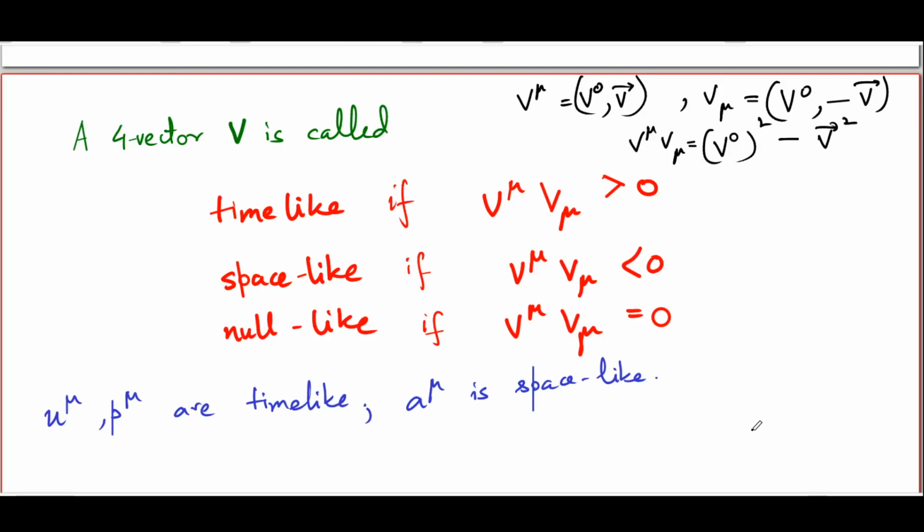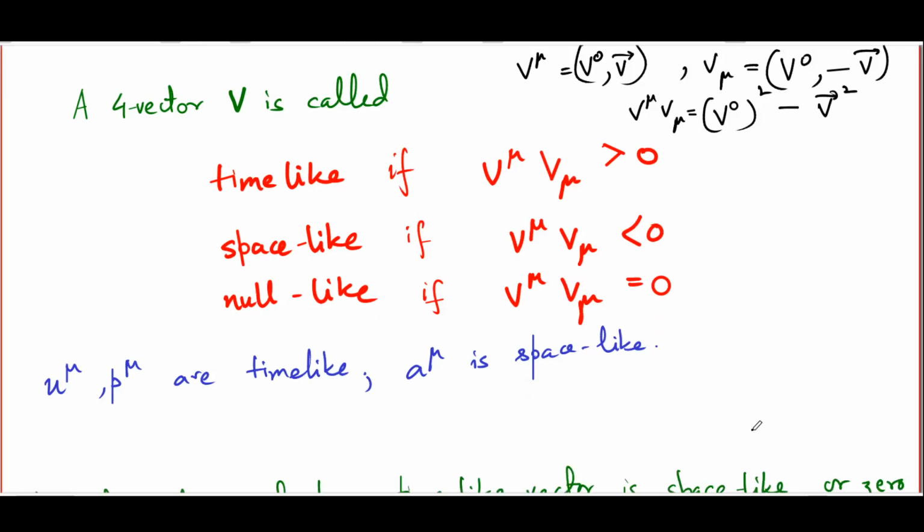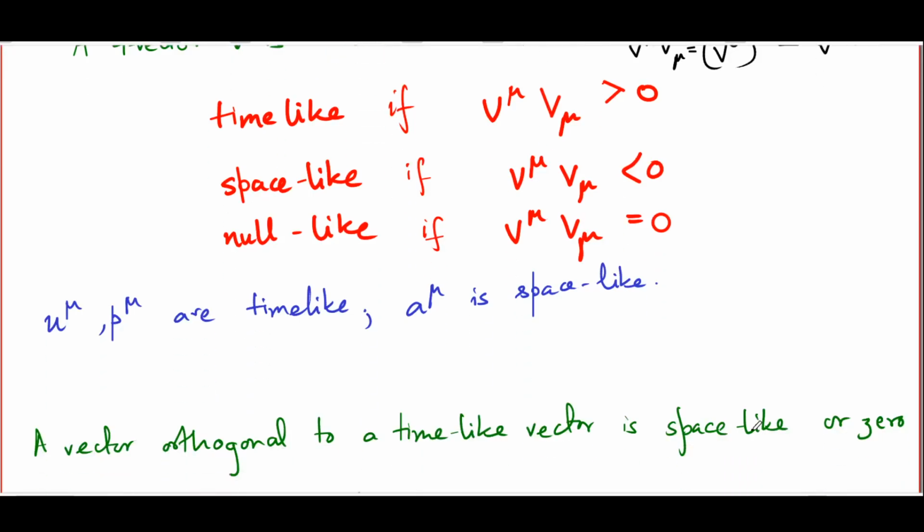In fact, this last result should not come as a surprise because there's a general result which is very important about 4 vectors. When I say vector, in this class we will mean 4 vectors unless otherwise specified. A 4 vector orthogonal to a time-like vector is either 0 or space-like.